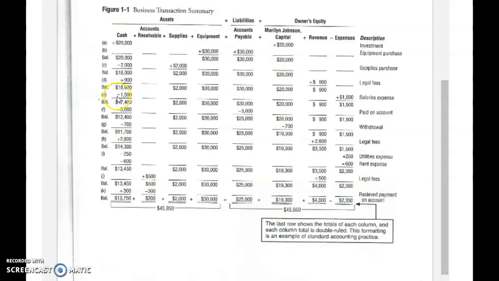The next one, E, you paid salaries, and you paid cash. So you see you reduced cash by $1,500. You increased expenses by $1,500 because you incurred expenses for salaries. And you will see that this is increased, this is decreased. Now, the reason you increase here is you're subtracting an expense.